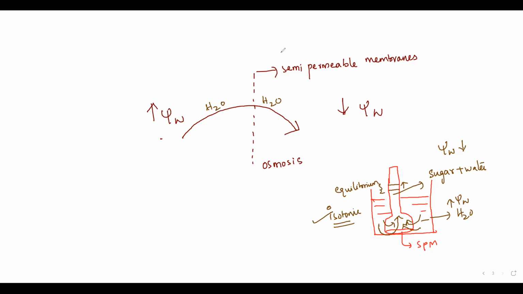Based on this, children, we will see some conditions: hypertonic, hypotonic and isotonic. Let me speak about hypotonic. I'm considering a cell here. This is my cell, and my cell is placed inside a hypotonic solution. What is a hypotonic solution?